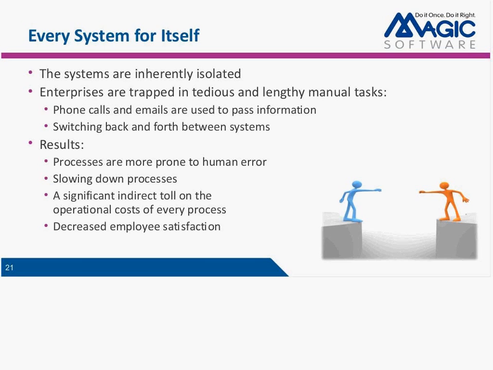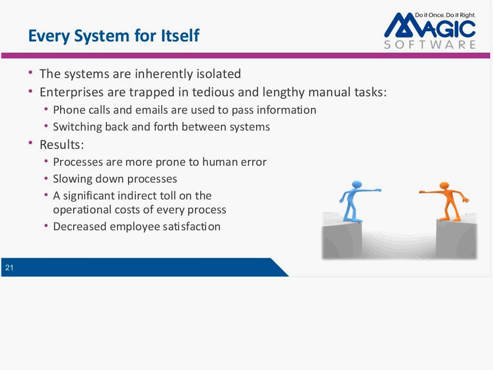So unfortunately, it's kind of every system for itself, where the systems are isolated. SharePoint users and ERP users are having to coordinate with one another, resorting to manual tasks, telephone calls, and emails to pass information back and forth, and switching between multiple applications to verify that the data is properly aligned.